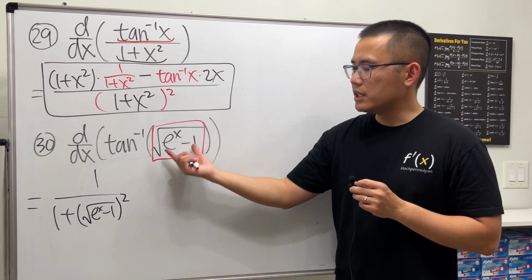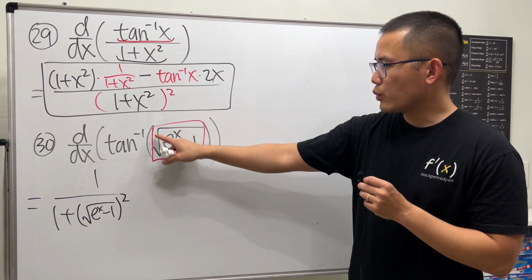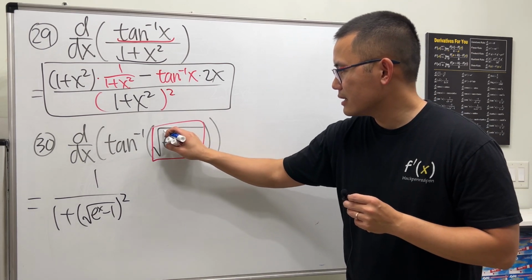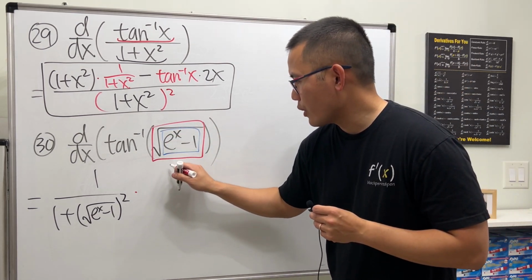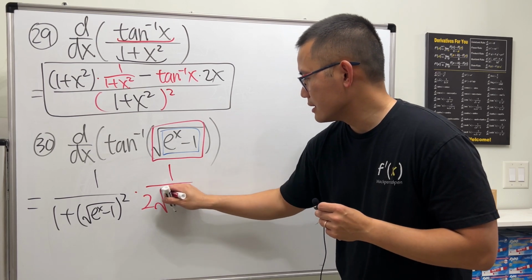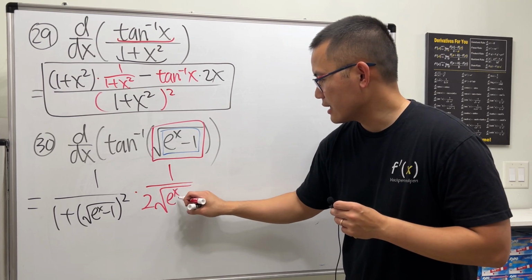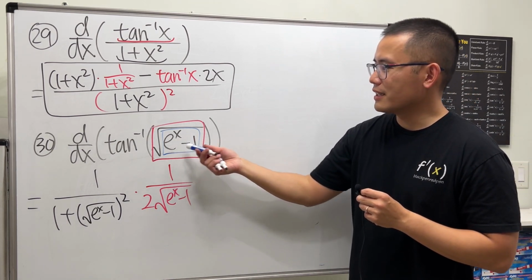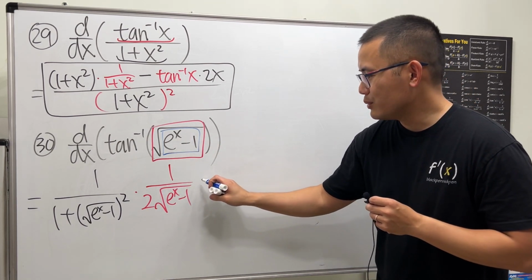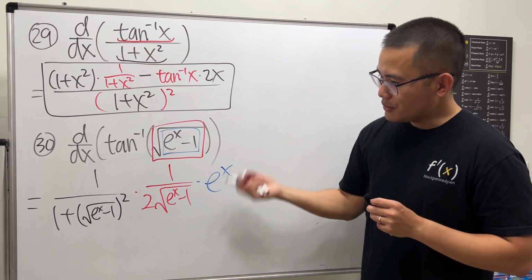Then take the derivative of the box. Here, square root of something inside. So square root gives us 1 over 2 square roots of the box. And just write this down inside. And lastly, we take the derivative of e to the x minus 1, which is just e to the x. So it's just like that.